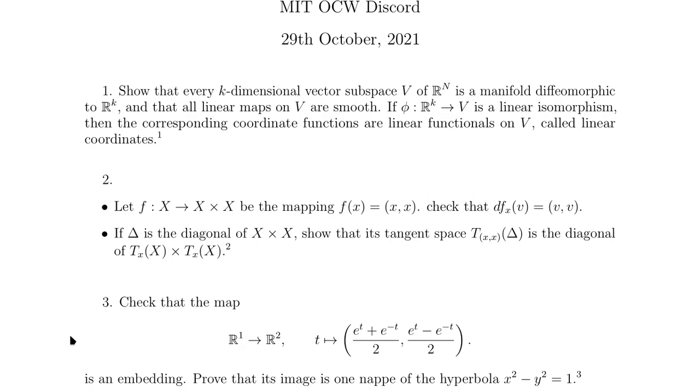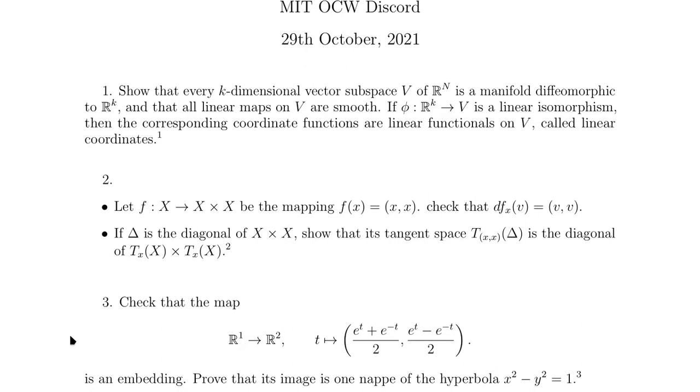So you take a vector in Rn and dot it with e1, our first basis vector, and we do that for the first k basis vectors. So that maps all of Rn into Rk, and the restriction of that to V is the inverse of that parameterization. So the corresponding coordinate functions are just dot products with the ei.